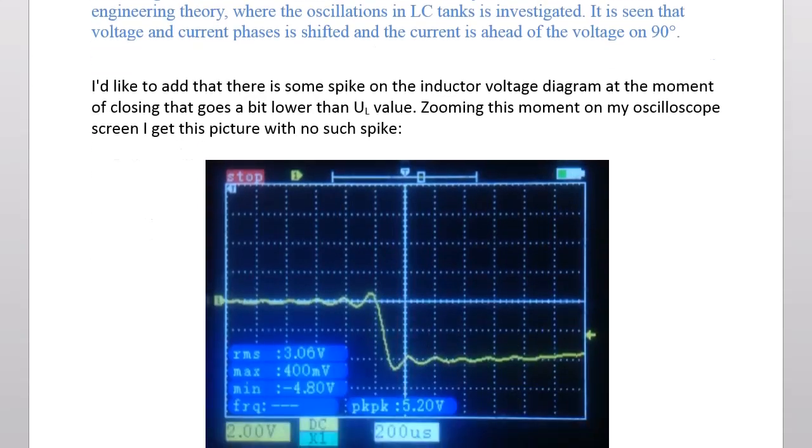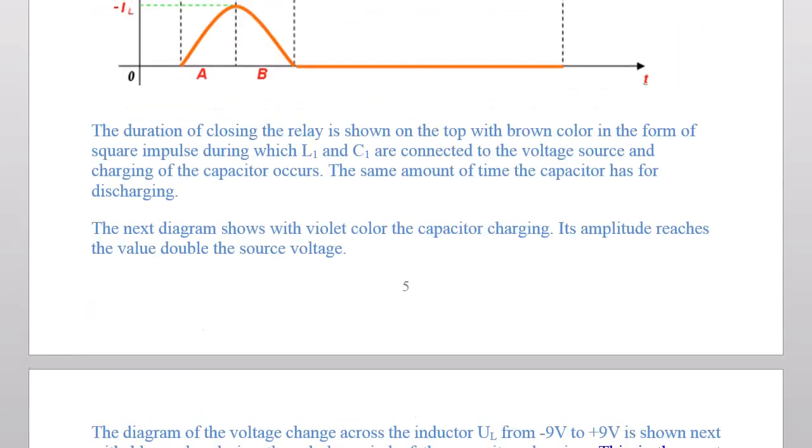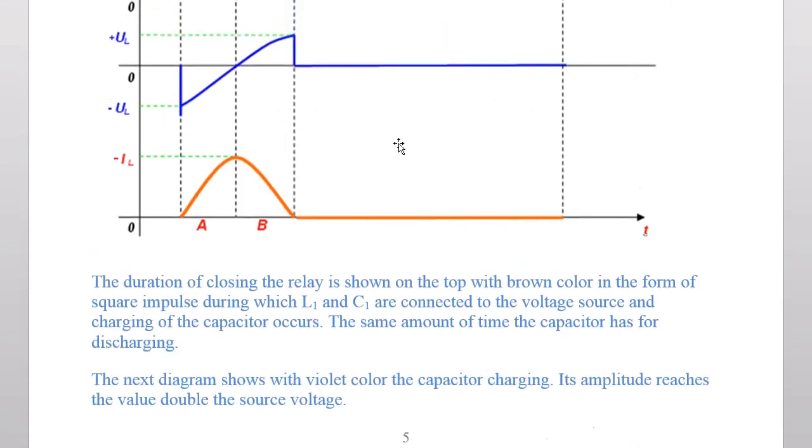I'd like to add that there is a spike in the inductor voltage diagram at the moment of closing that goes a bit lower than the UL value. Here in the diagram, this spike is here.